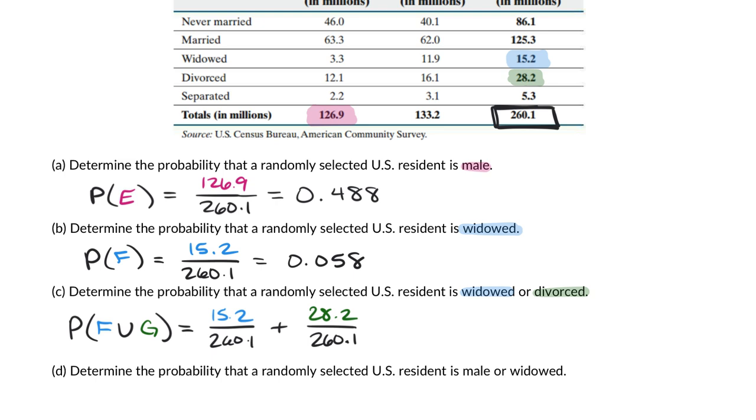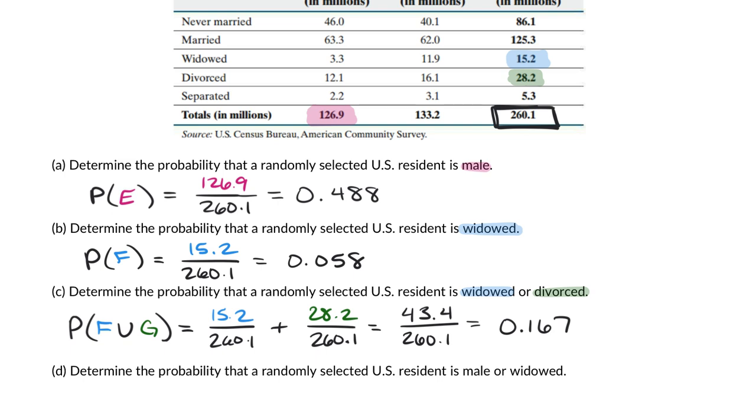When we do this math, we would get 43.4 over 260.1, which if we change to a decimal is 0.167. So we didn't have to subtract any overlap because there is no overlap between widowed and divorced. They're both rows, not a row and a column.